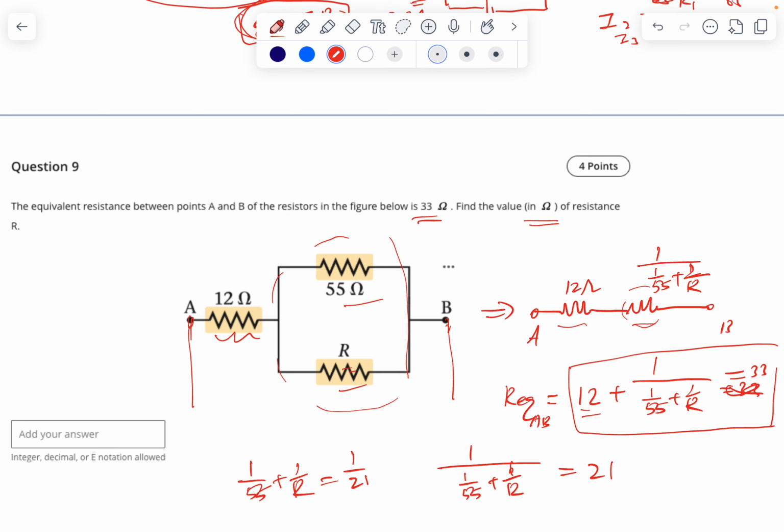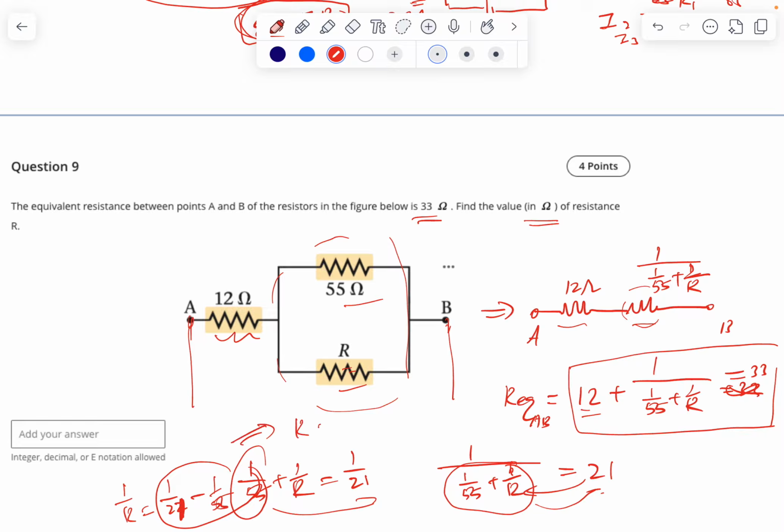Put this to the other side, so 1 over R equals 1 over 21 minus 1 over 55. Whatever you get here, you flip it, then you can figure out R, which equals 1 over this value. Okay, that's it.